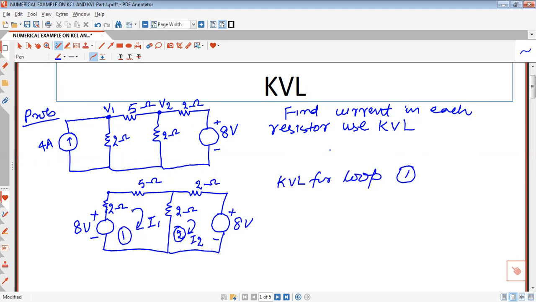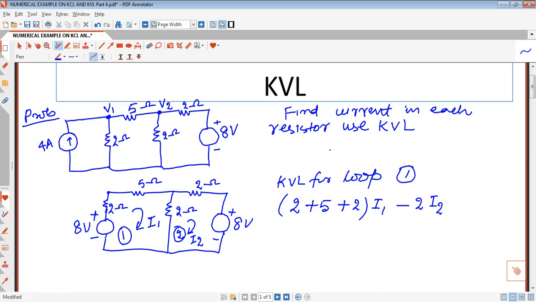This I1 is going through how many resistances? 2 plus 5 plus 2, and we have to multiply it by I1 as per Ohm's law. I1 is going through all three resistances, so we add them, and I2 is coming in the opposite direction, so we subtract 2I2.